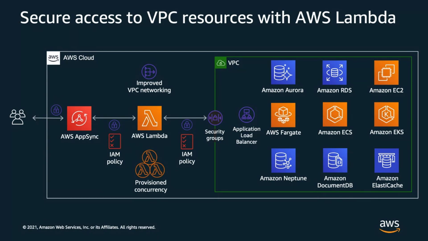Or maybe I want to use an AWS Lambda function to invoke an application load balancer endpoint to interact with Fargate, Amazon ECS, or Amazon EKS. So AWS Lambda is the data source that you need to use if you want to access VPC resources or resources that are not natively supported by AWS AppSync.